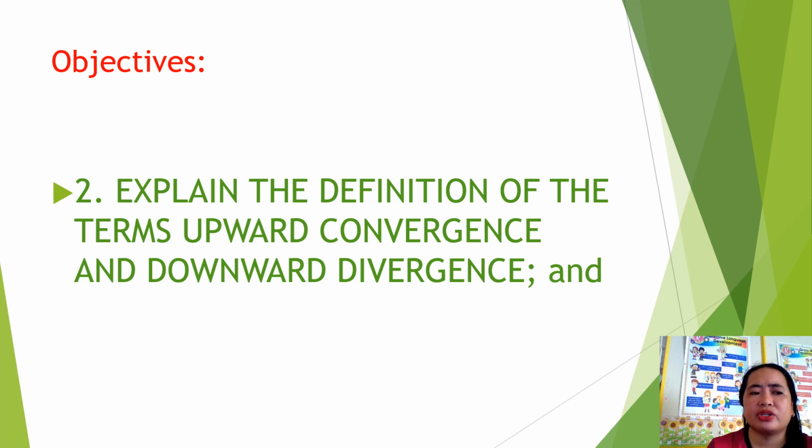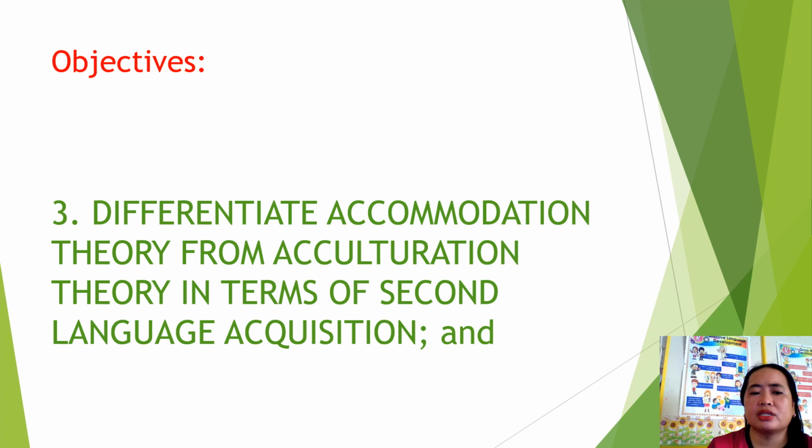Downward divergence involves modifying language behaviors to appear distinct or maintain social distance from individuals of higher status, which can be a way to assert individual authority or maintain group identity.